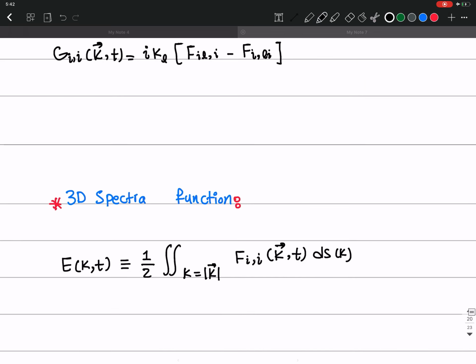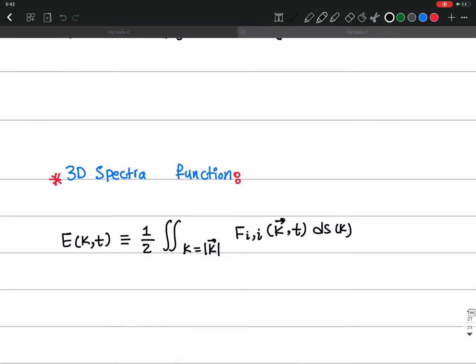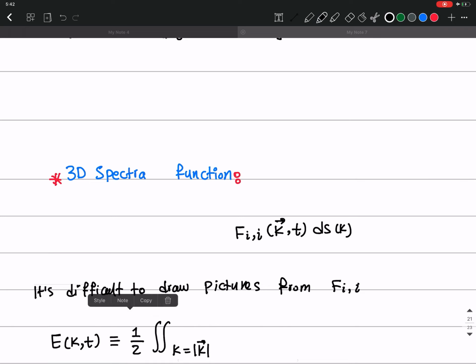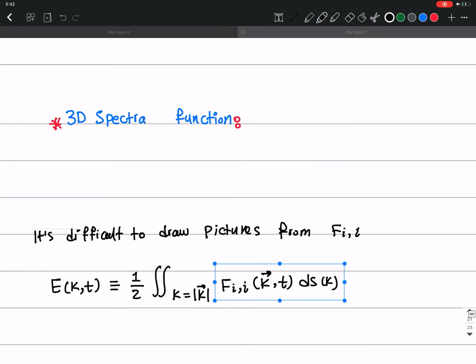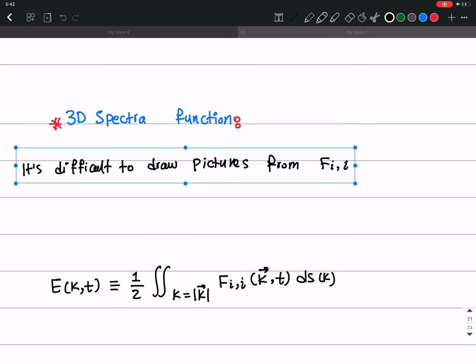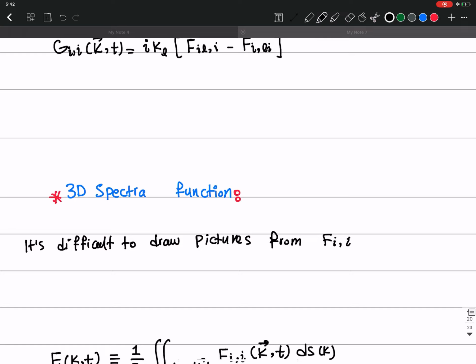Let me explain a little bit further what this means. The reason we do that is that it is difficult to draw pictures from Fii, the thing that we got here.